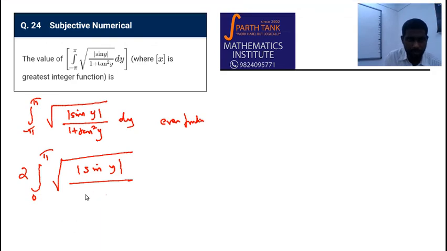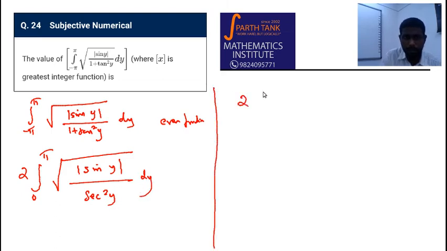Let me write that straight away here. Now you see this becomes 0 to pi. This is nothing but square root of sine y, because y is always positive here and therefore sine y is positive in 0 to pi. And then root of secant squared y becomes just secant y, and take it to the numerator as cos y dy.